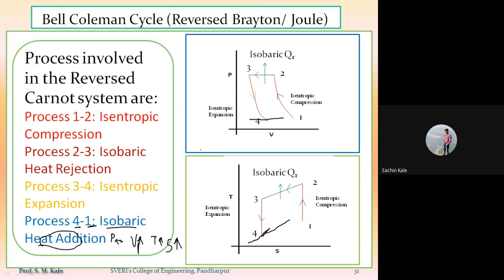Now here on the PV diagram, we have to take the concern of pressure and volume. So pressure remains constant, volume increases. Where is the value of volume increasing, towards this direction or towards this direction?